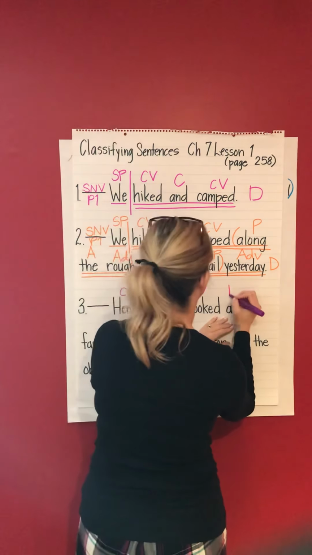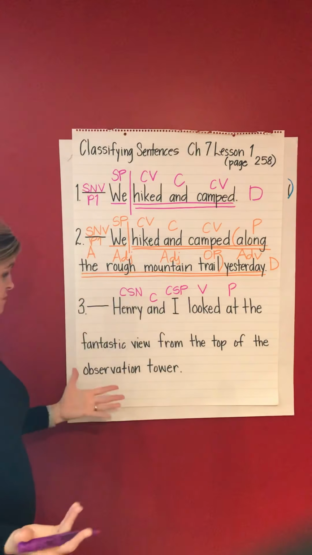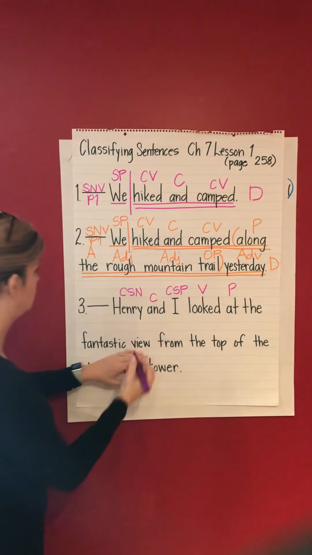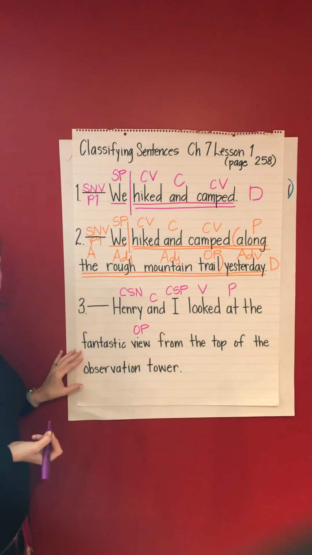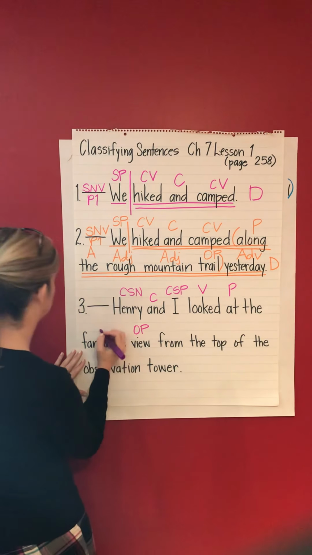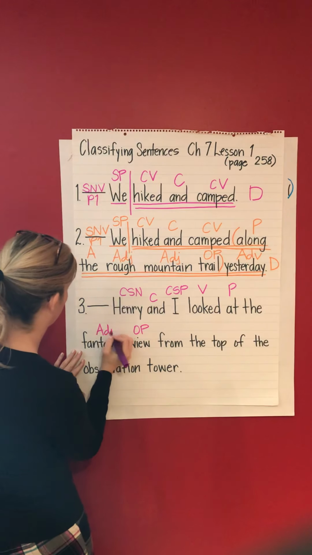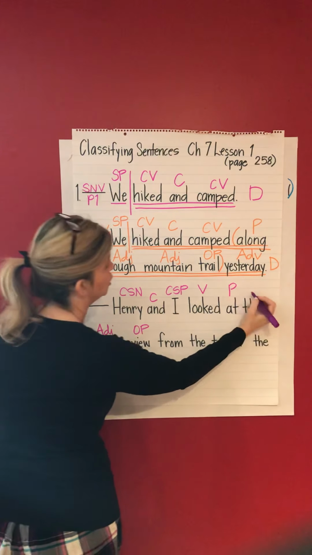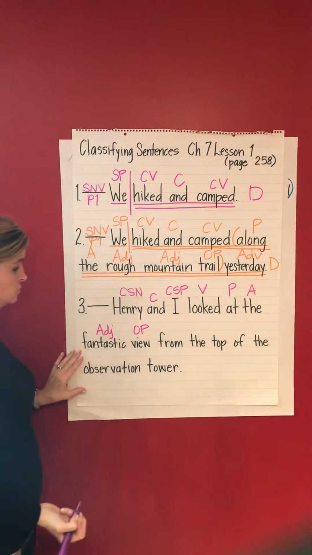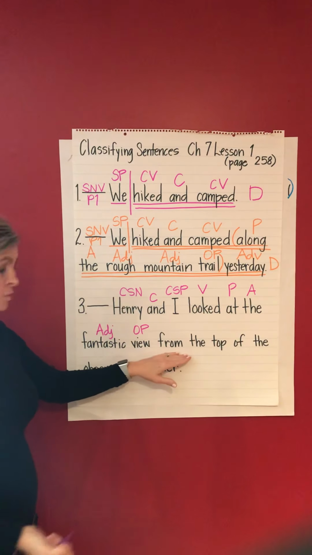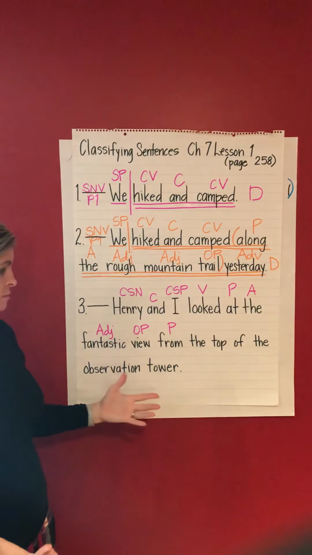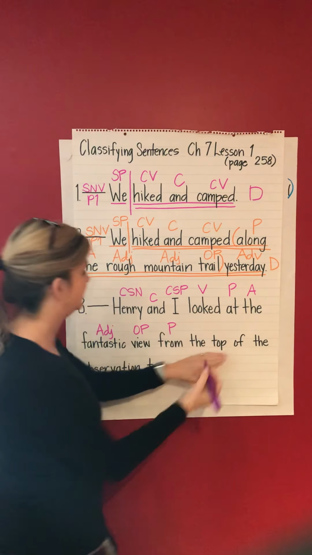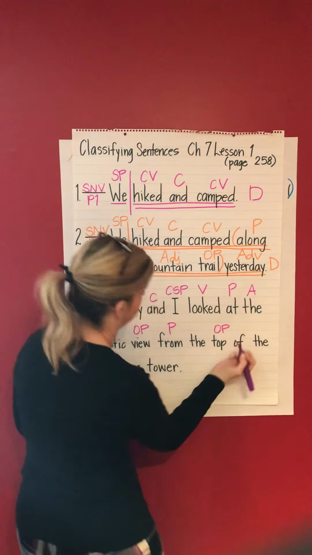At, preposition. At what? View. Object of the preposition. What kind of view? Fantastic, adjective. The, article adjective. From, preposition. From what? Top. Object of the preposition.